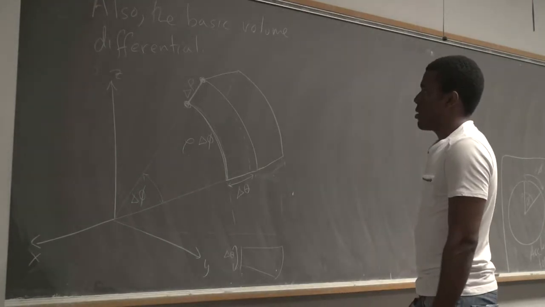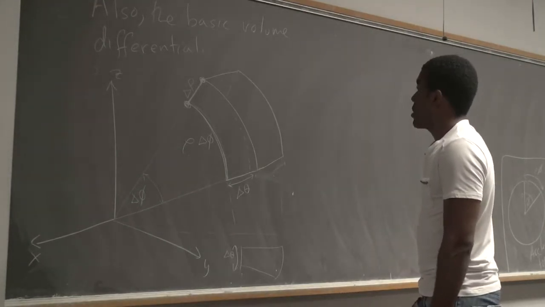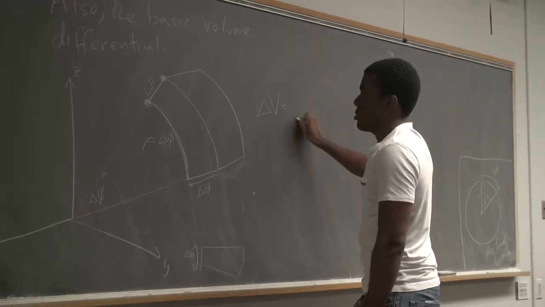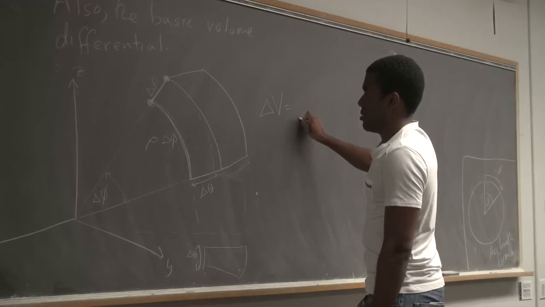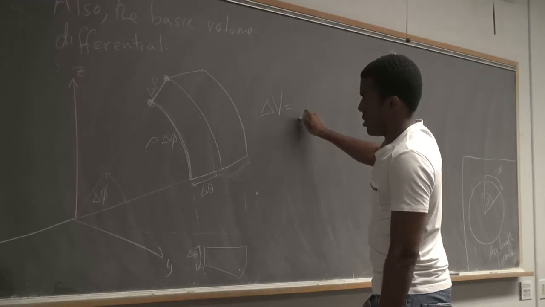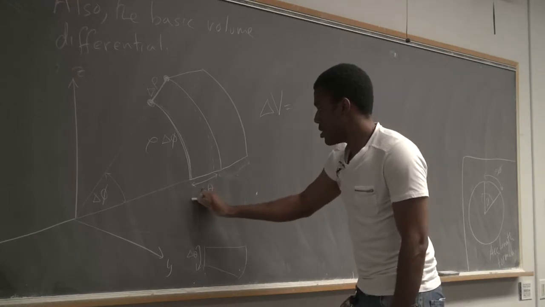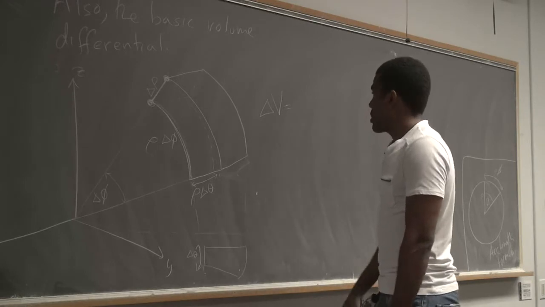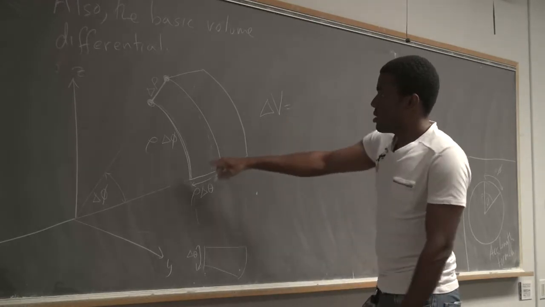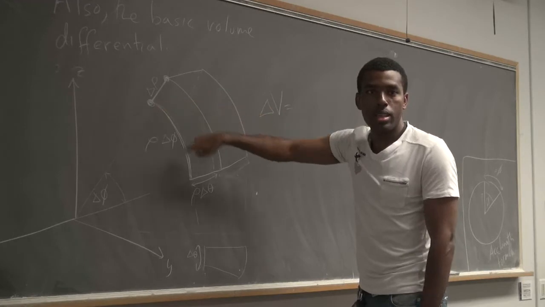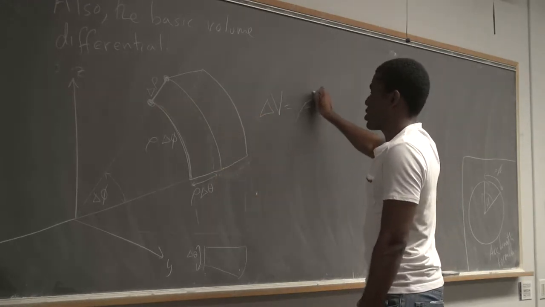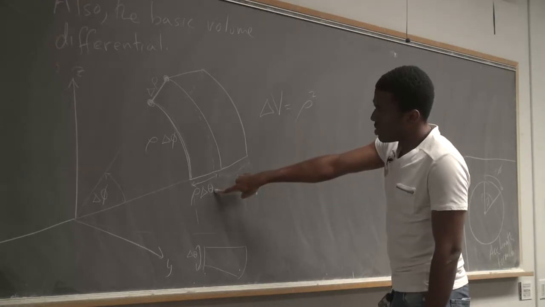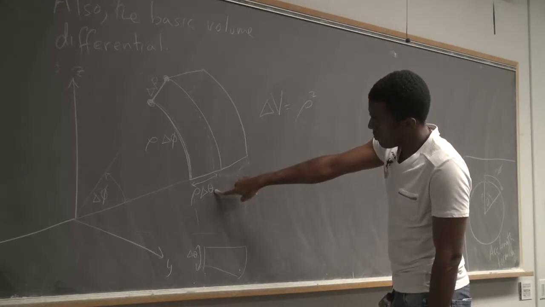Yeah, it's the bottom, it's delta theta. And so your delta V is going to be equal to, actually, no, this is actually rho d rho delta theta, by the same arc length argument, right? So the volume is just going to be length times width times height. So this is going to be rho squared. This is actually something else. I'm missing something.